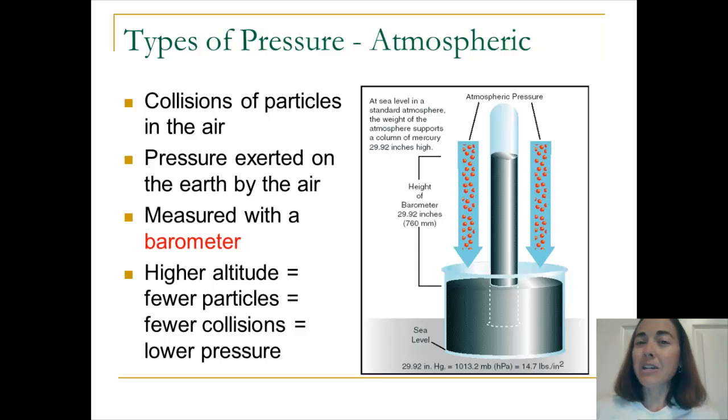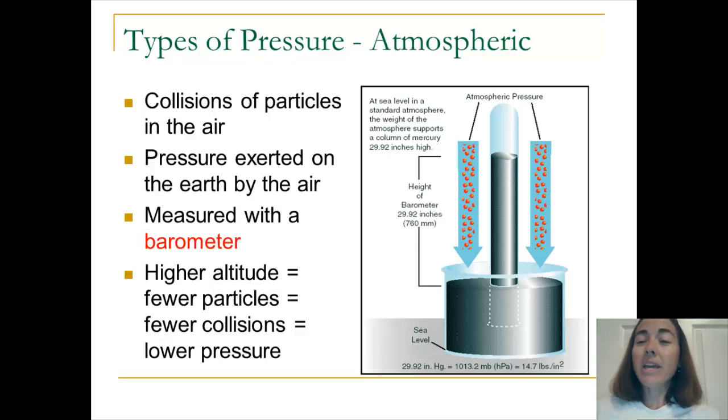So how do you measure pressure? Well, you know the weatherman gives a report every day about atmospheric pressure. High pressure, low pressure, we have those systems that move through the area. That type of pressure is also caused by collisions of particles in the air. You measure atmospheric pressure with a barometer. And there's a picture of a really simple barometer on this slide.